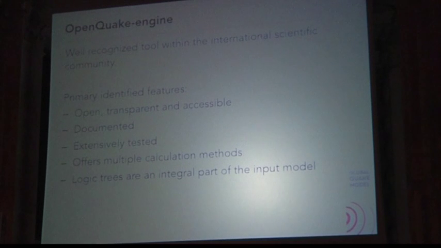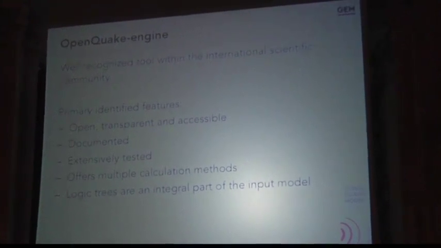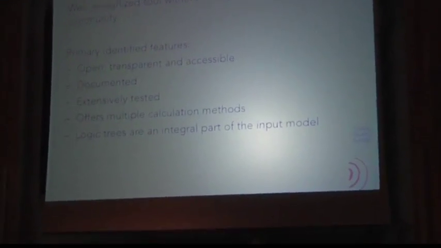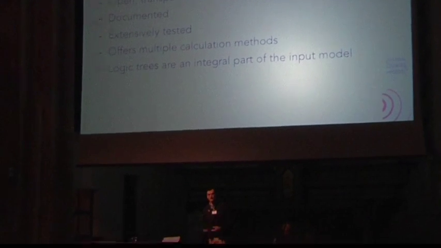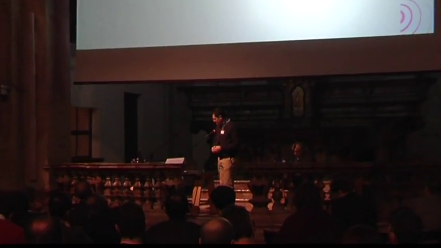The main ones, shared by all the community, are that it's open, transparent, and accessible. It's well documented. It's extensively tested, to the point that we created a specific report describing all the testing methods that we are applying in order to make sure that we are providing reliable results.